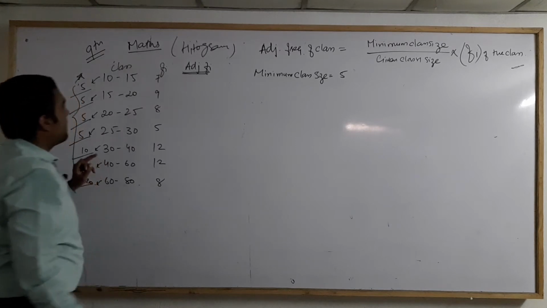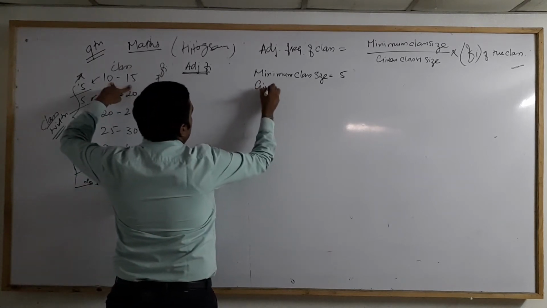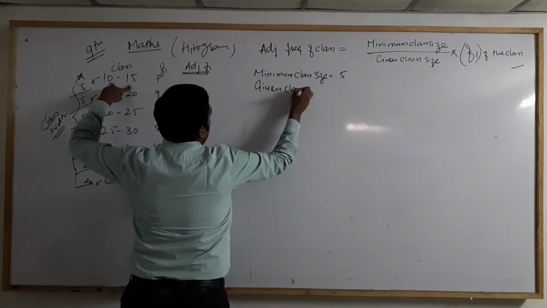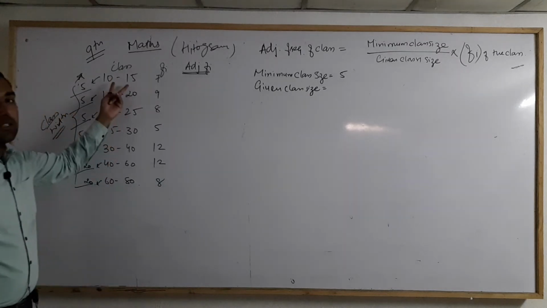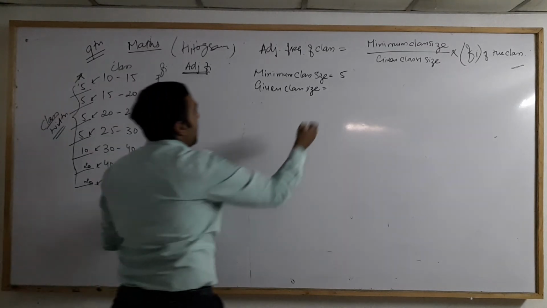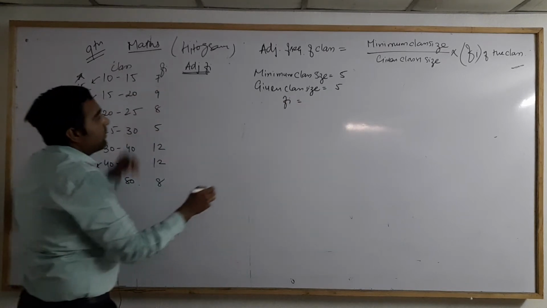Now what is the given class size for the first class? It is 5, and my frequency for the first is 7.